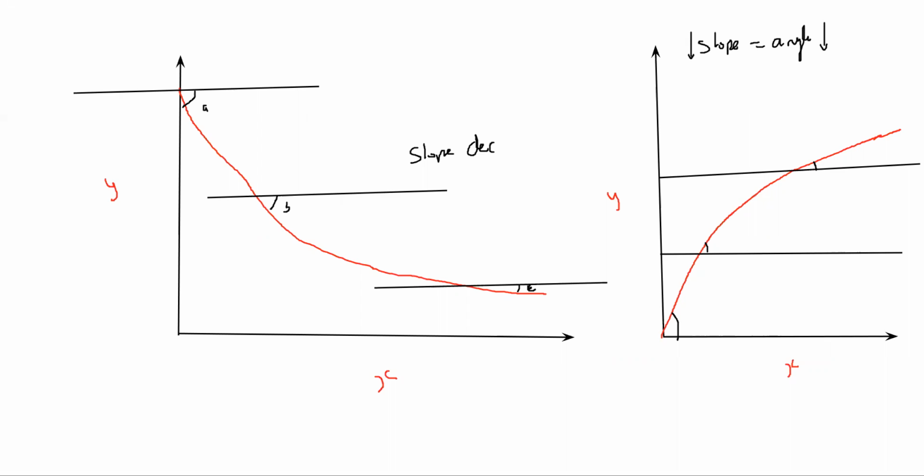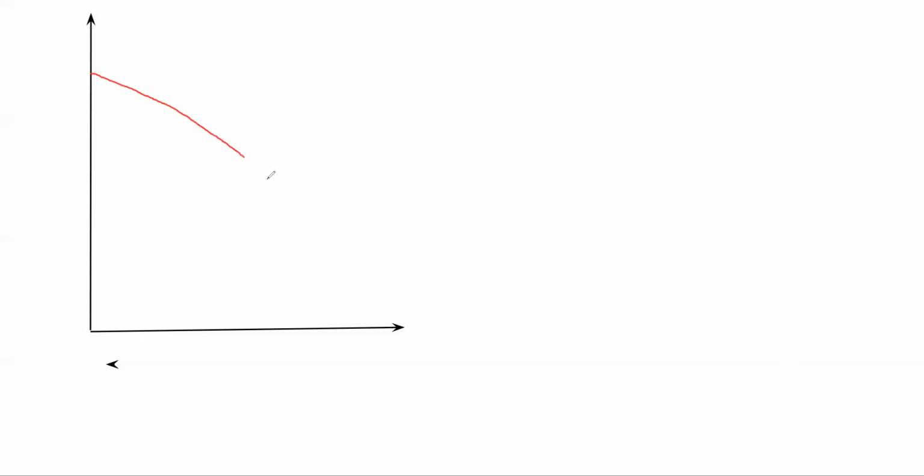Same way, if the graph is like this, the best way to understand the concept of slope is to draw the horizontal lines. For your understanding, just draw equally spaced horizontal lines on your graph.